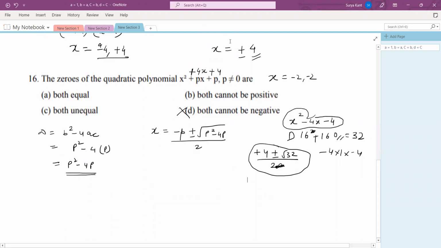Drishi, Praharshan, Rasul, anyone know this question? Say fast. You know this answer or not? Just guessed.